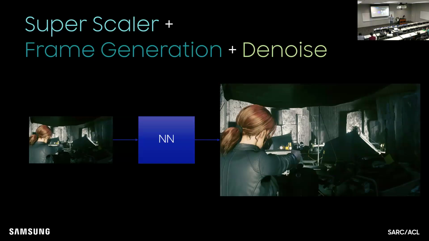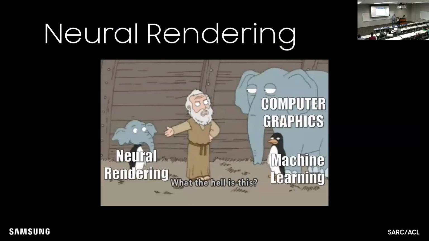Maybe you do motion vector estimation for what the next frame should look like, and you add a frame in between 2 frames. And then you denoise, because with things like ray tracing, it's like a stochastic model, and you're shooting all these rays, and there are points where you didn't shoot rays, and you have to blur them and make it look sharp. So there's a lot of interesting things going on there. That's one of the areas we're focusing on.